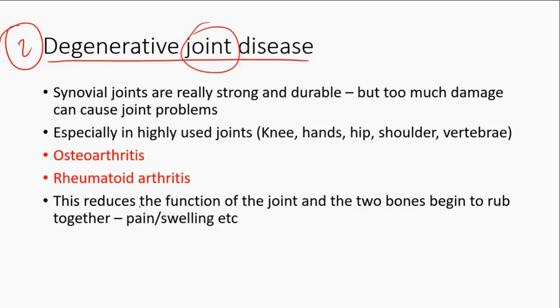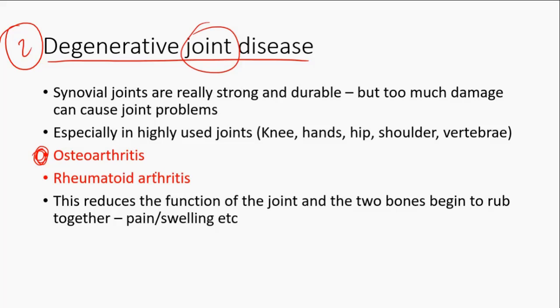Okay, so an example of a disease that causes degenerative joint disease is osteoarthritis, and essentially that is the destruction of the joint because there's too much pressure.